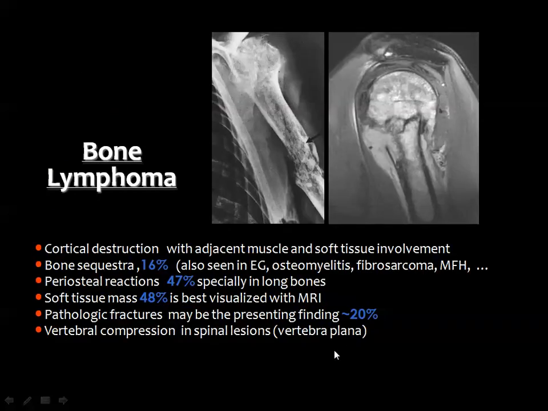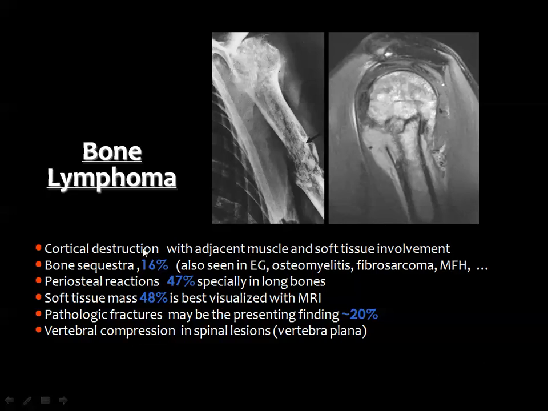Then these are the manifestations of lymphoma in the bone as seen on imaging: cortical destruction with adjacent soft tissue and muscle involvement, like here you see some cortical disruption of the neck of the humerus with a small extraosseous soft tissue component.